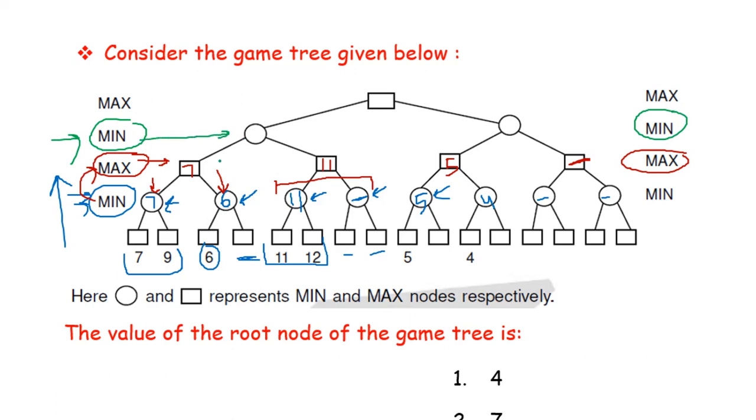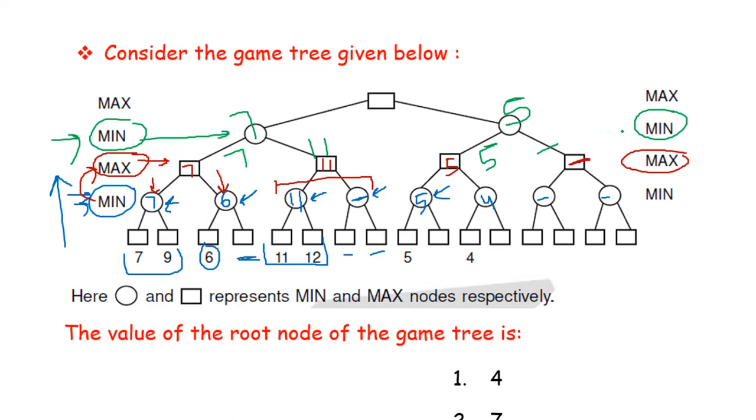Now the minimum of the left child, that is 7, and the right child, that is 11, will be 7. Now for the next node on the same level, the left child has value 5 and the right has none. So the final value will be 5. So this is the minimum level.